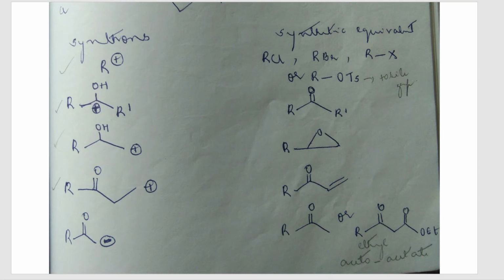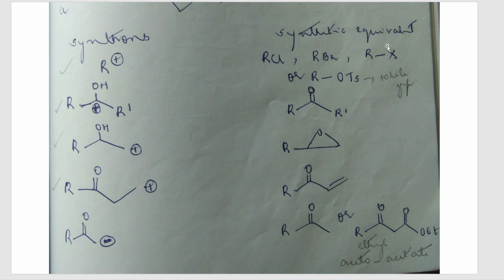So next is example of some synthons and what type of synthetic equivalents are required to get those synthons. Okay, so this chart is very important, students, because it will help you in order to write the retrosynthesis reaction. Because every time you might not remember what type of synthetic equivalent you will need in order to get these synthons. So if you remember this chart, usually it will help you write your retrosynthesis reaction. So if you have R plus, usually remember, a halogen is the best synthetic equivalent here, like RX.